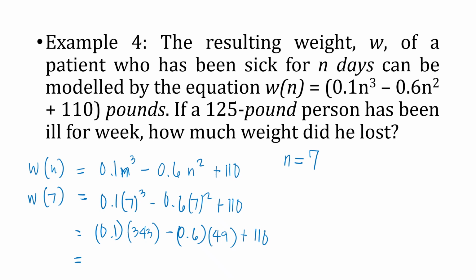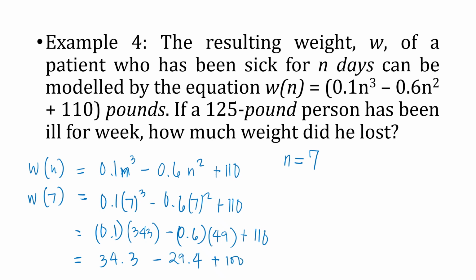Then we're going to simplify this. So 0.1 times 343 is equal to 34.3, minus 0.6 times 49 is equal to 29.4, plus 110.